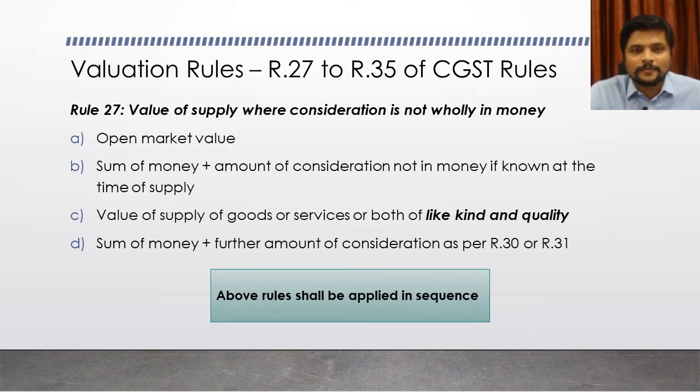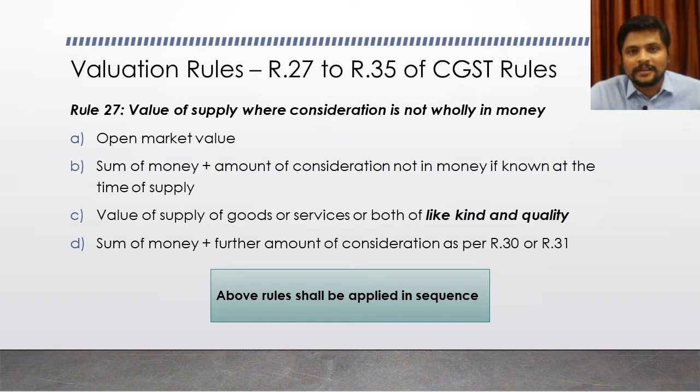These rules have to be referred to if the particular transaction does not satisfy the two conditions provided in subsection 1. So I will again repeat those conditions. Condition number 1 is that the supplier and the recipient should not be related persons. Second, the price is not the sole consideration paid by the recipient.